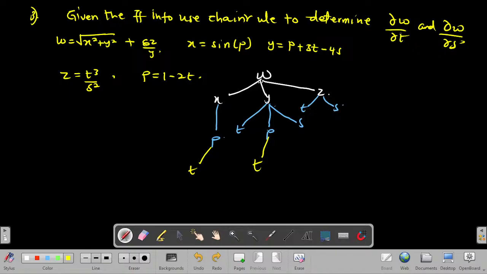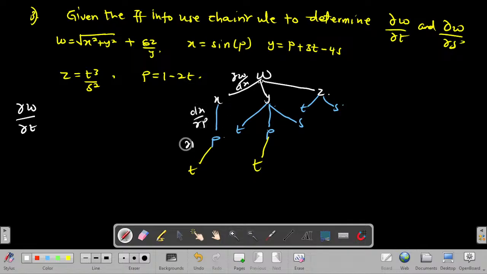Now look at what they are asking us to find. They say find the partial derivative of w with respect to t. So you want to move from w to t. All the different branches leading to t, you add all of them and that will be equal to the partial of w with respect to t. Then all the different branches leading to s will be the answer for the other one. So let's write down our equation. To move from w to x is the partial of w over x. From x to p is the partial of x over p.